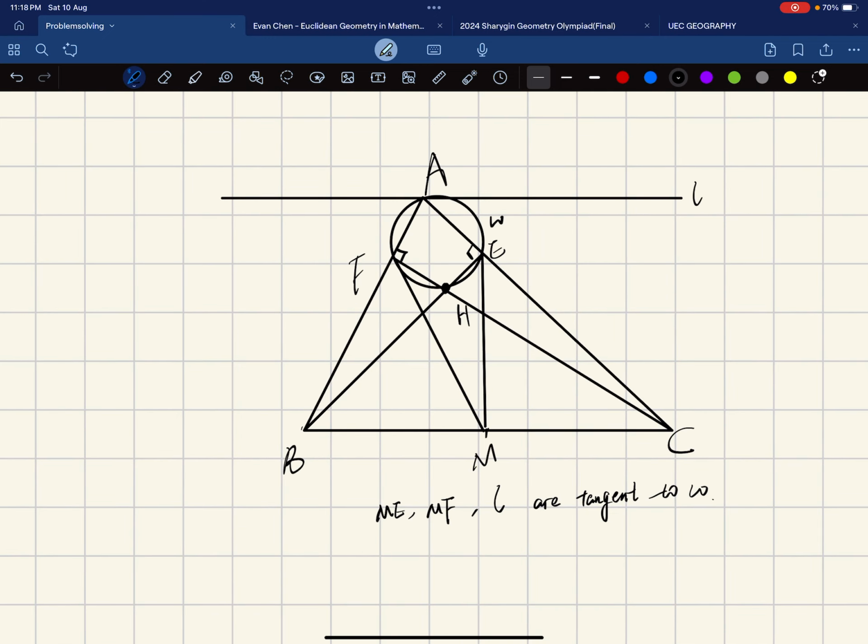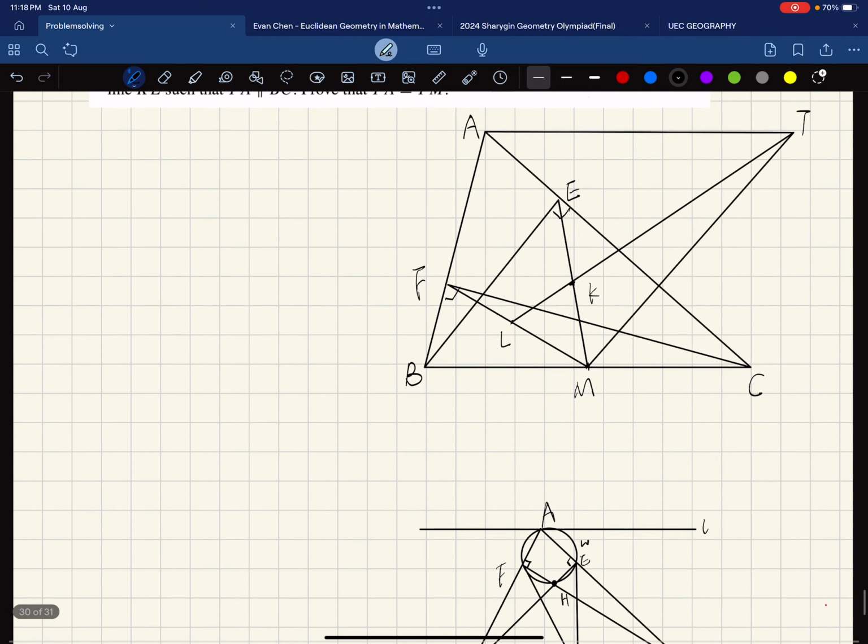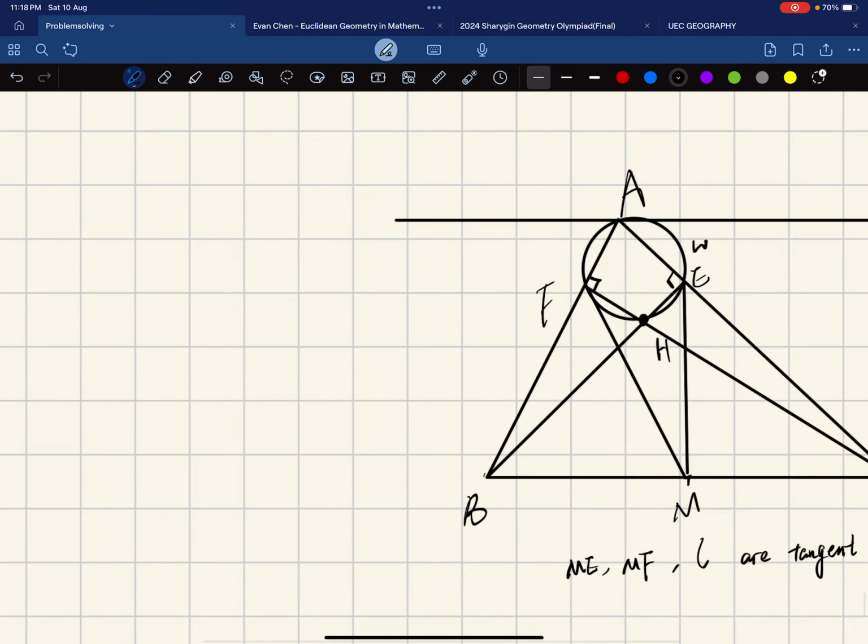The things are the same as in the question, and we have ME, MF, and line L, and L is parallel to BC. That means here the line L is equivalent to AT in the diagram above.